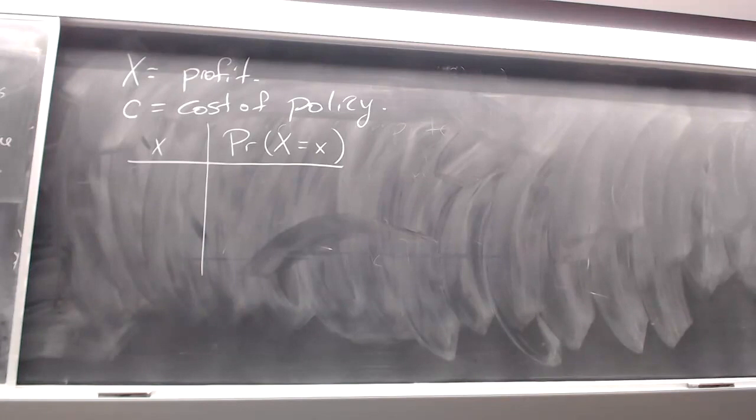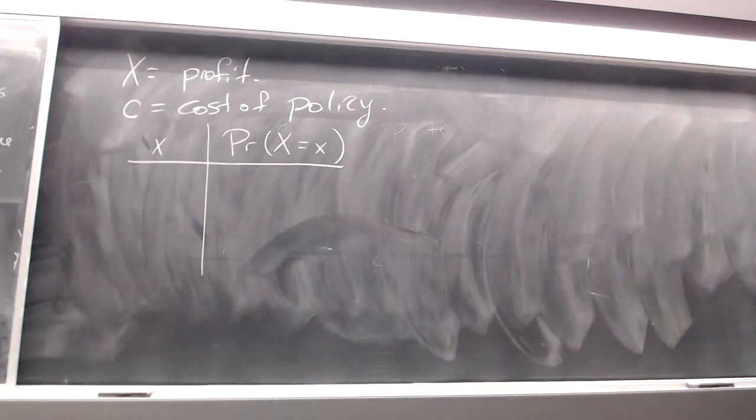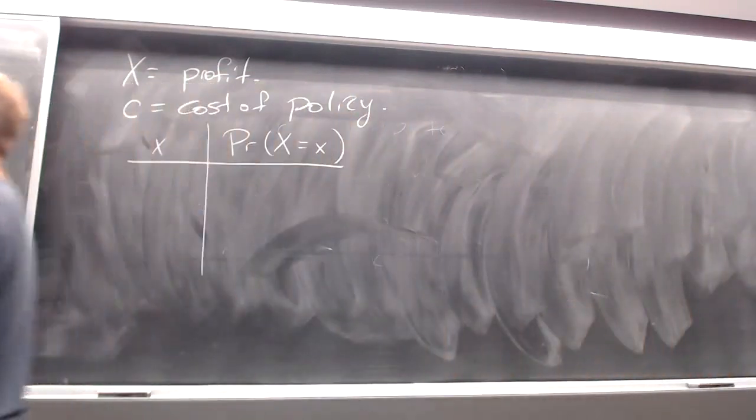Well, the company will still profit because they're going to charge something for this policy. So we're not talking about the profit to the descendants or the family of this person. We're talking about the profit to the insurance company.